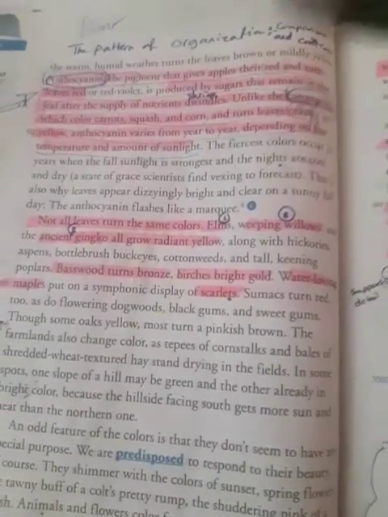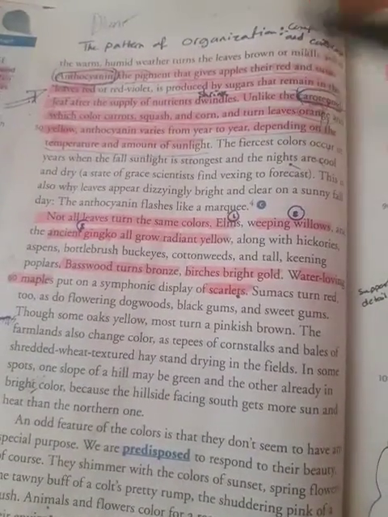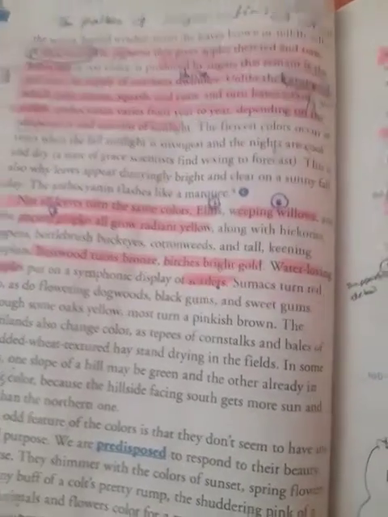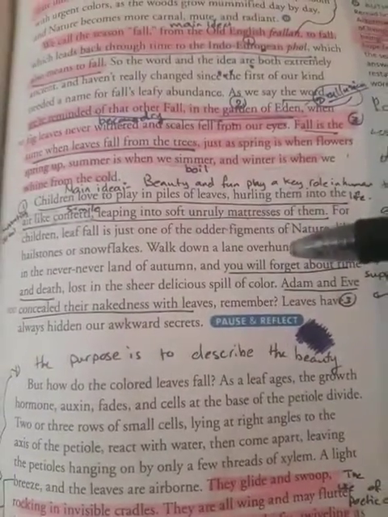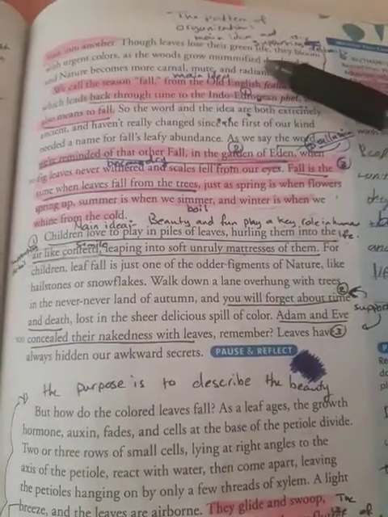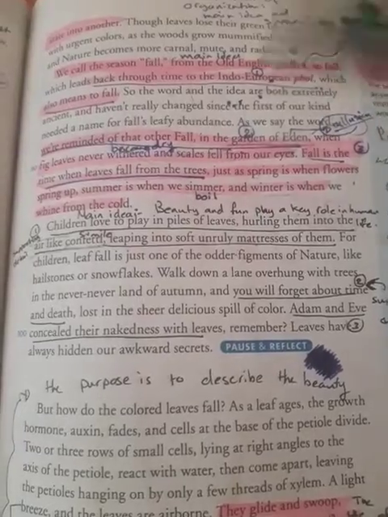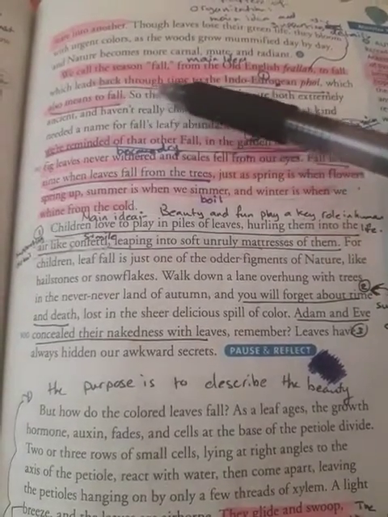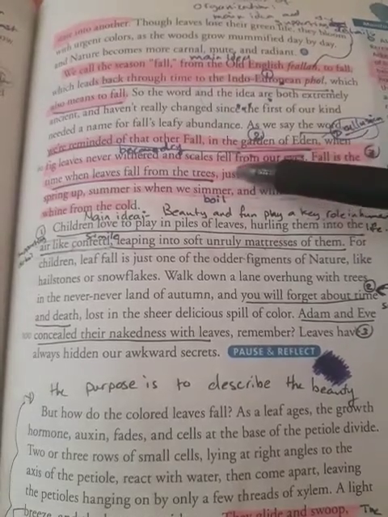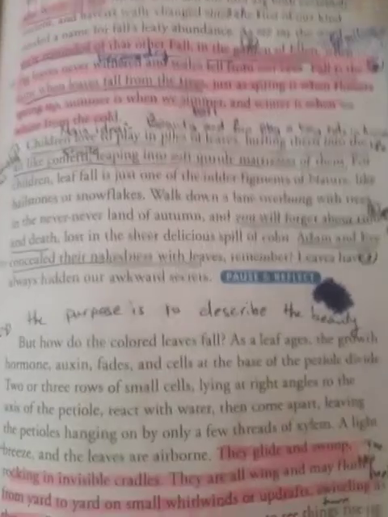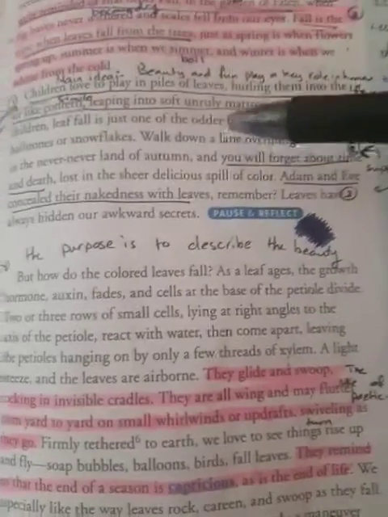The second pattern of organization she uses was comparison and contrast. Okay, and the last pattern was main idea and supporting details. And last time we identified the main idea, we called the season fall, and we underlined the supporting details which support the main idea. Now, let's move to paragraph 2.